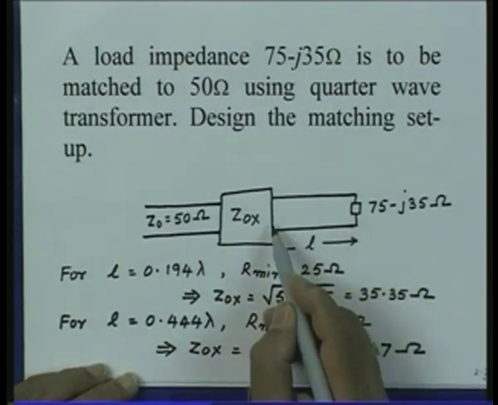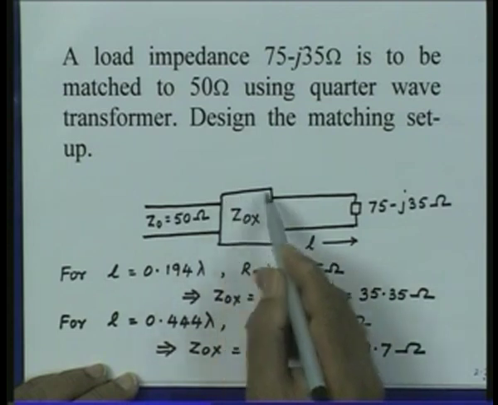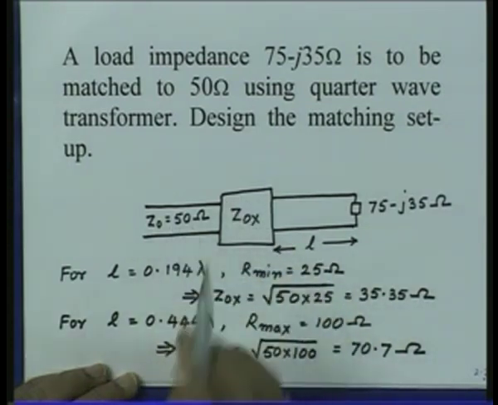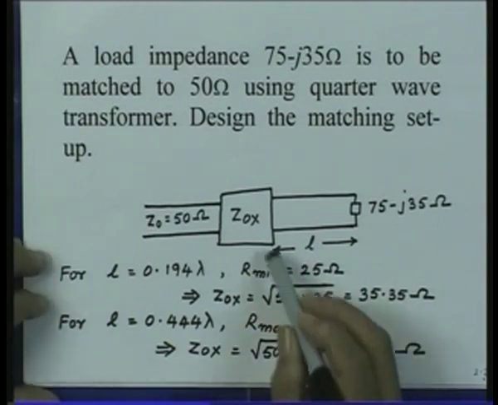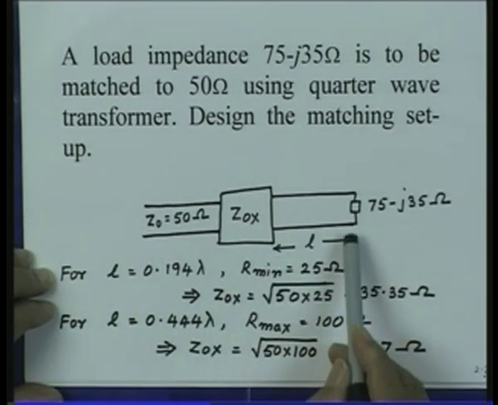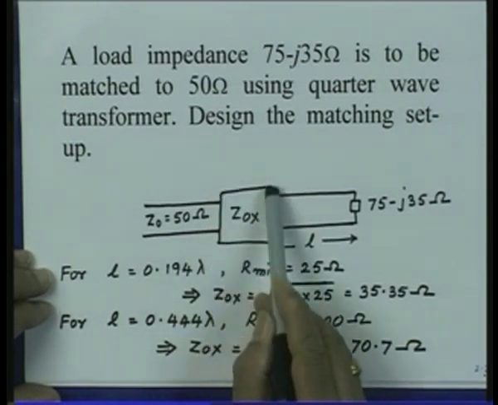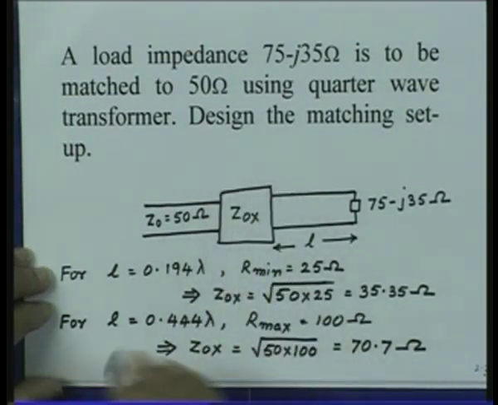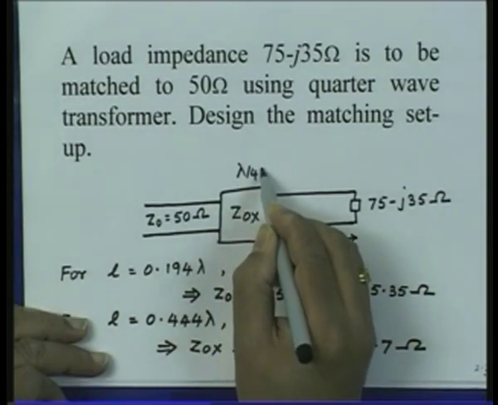Then the impedance seen at this location should be real. So, at this location I can introduce a quarter wave transformer, and I will get a match. Now, two things are to be found out in this problem. First is what should be this length, and what should be the characteristic impedance of this quarter wave transformer. The length of the quarter wave transformer is lambda by 4.